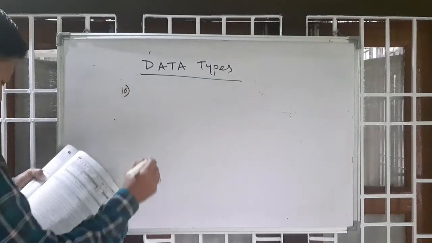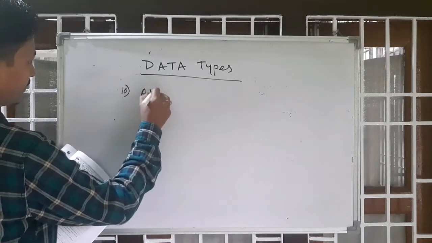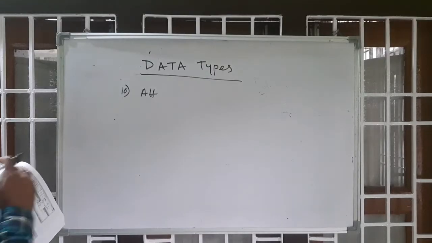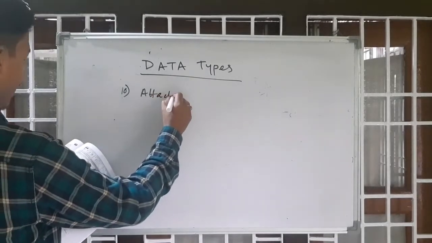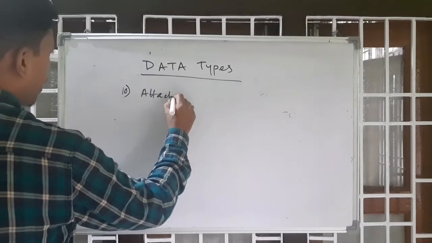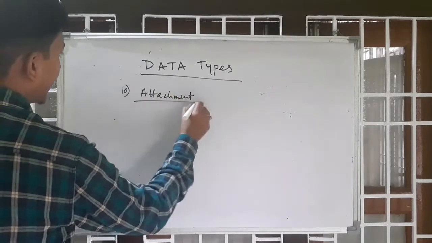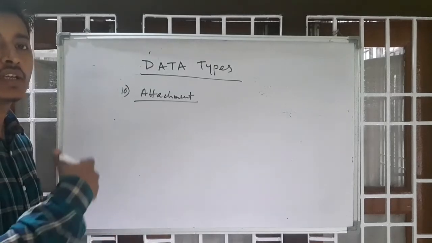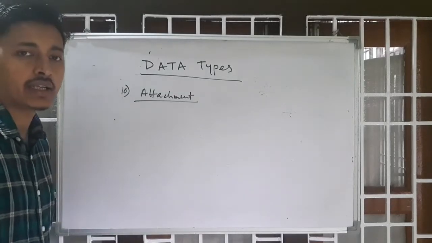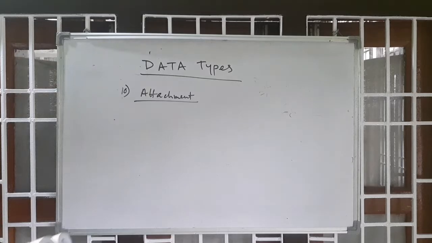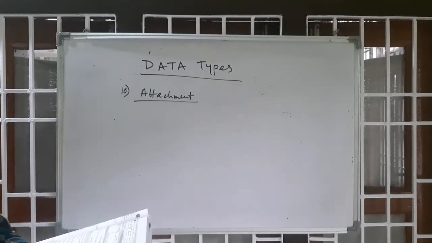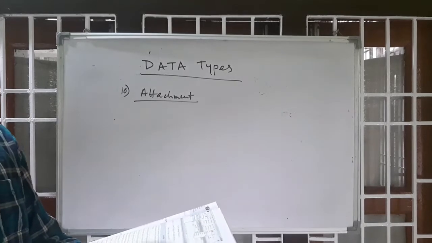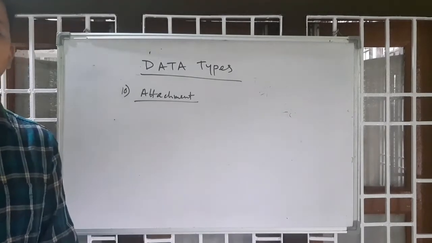Number 10, attachment. Attachment means you can attach any document, any file in this field. In the book you can see this is used to attach a file to a record in the same way you attach a file to an email message.